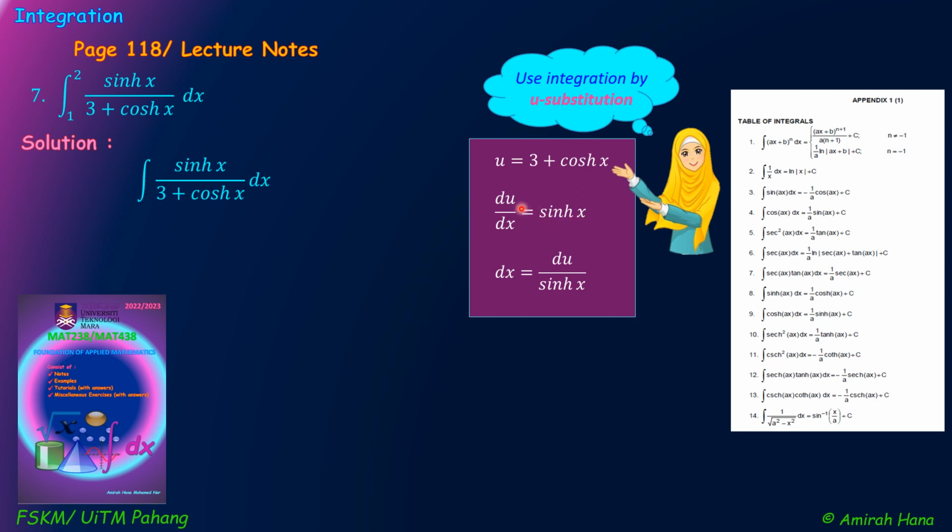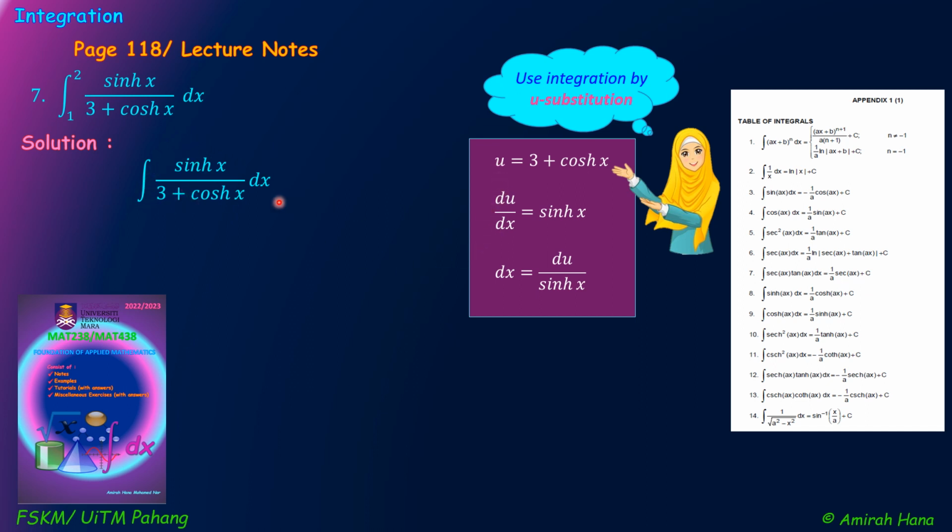After that, we need to write dx as the subject. So we just cross multiply, and we get dx equals du over sinh x. After that, we need to rewrite this question in terms of u and du.